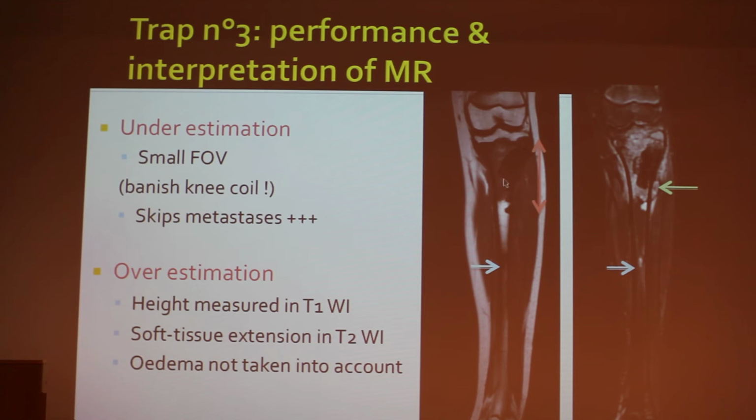This is often found in osteosarcoma, and you should study a large area. Overestimation is not good though, and just keep in mind that the height of the tumor must be measured on T1, whereas the extension is better seen on T2. But you've got to be aware also of the edema that shouldn't be taken into account.